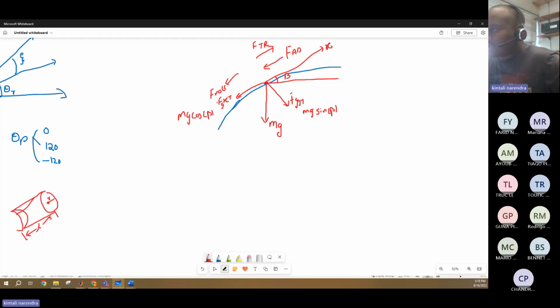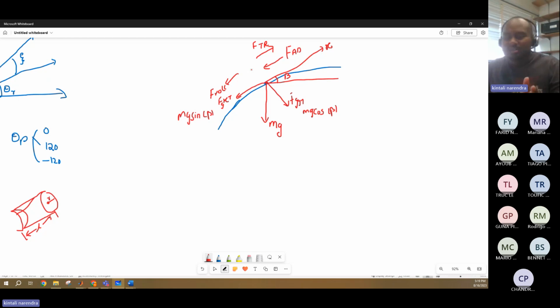Wait, acting upon the vehicle. If you take just for consideration, this is sine, this is cos. Sorry, I'll derive them also just to show you. This is sine and this is cos. So later I will derive them and I will show you how it is mg sine beta, mg cos beta.